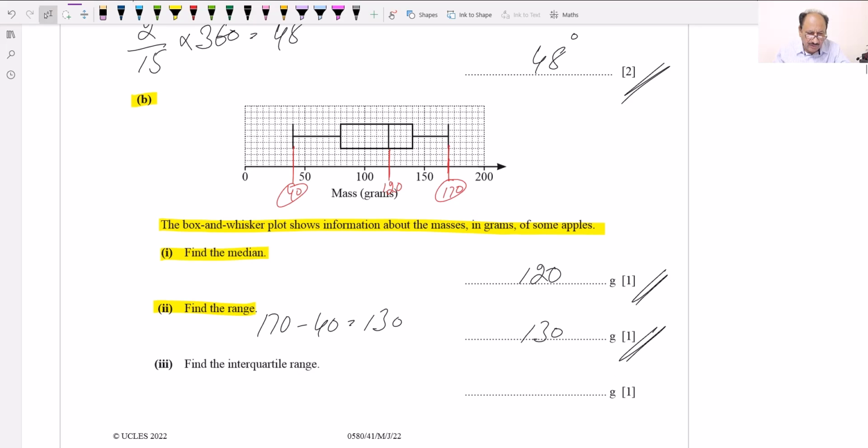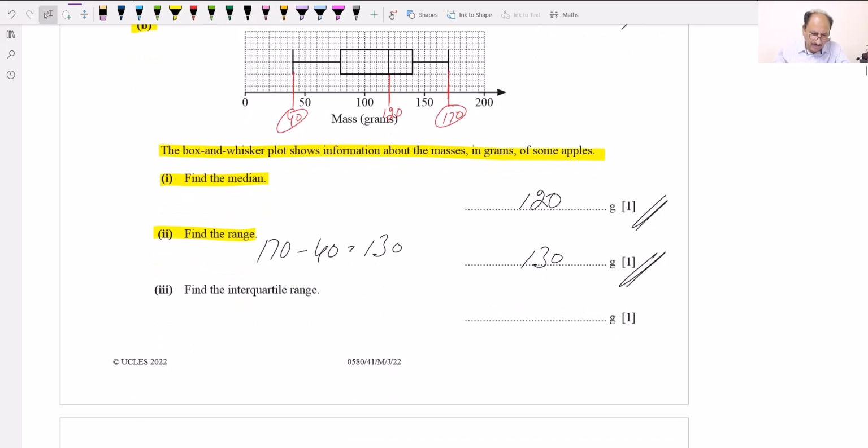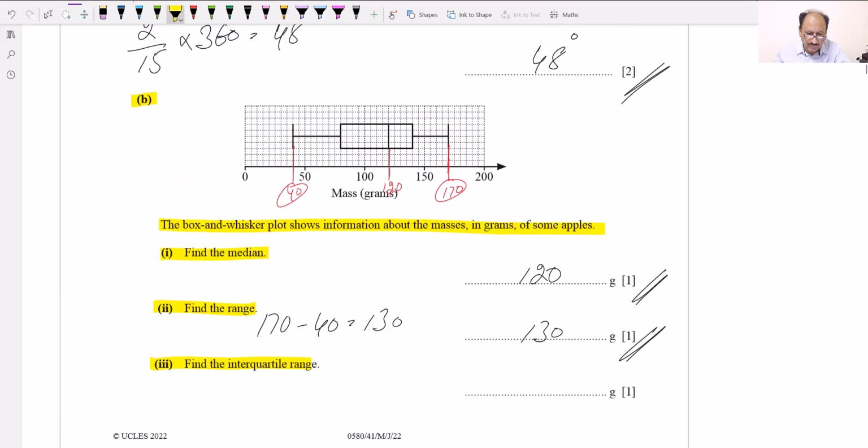Now they are saying find the interquartile range. For the box and whisker plot, the interquartile range will be the difference between the lower quartile and the upper quartile. So this one is the lower quartile and this one is the upper quartile. So these values we can check from here.